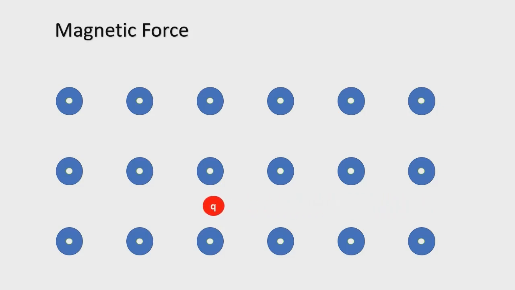As the charge moves, its movement is perpendicular to these magnetic field lines, since its velocity is towards the left, or along the x-axis. And since the magnetic field line is towards the observer, this will be the z-axis.